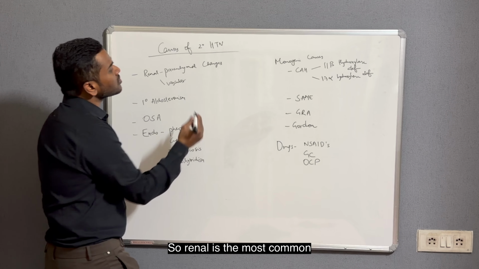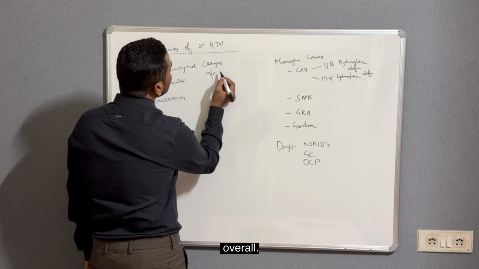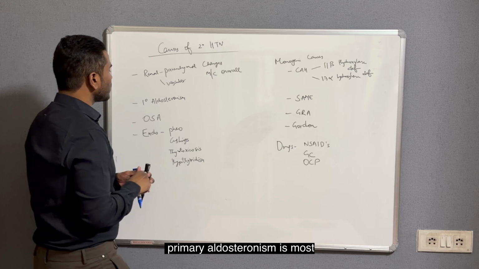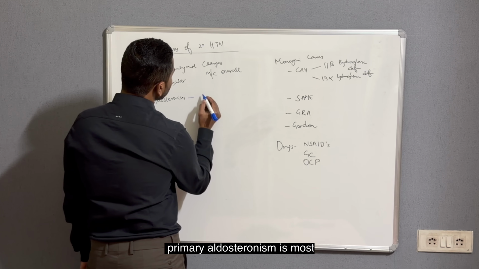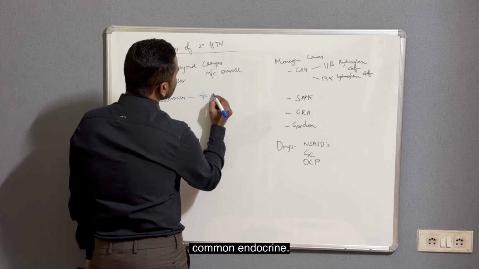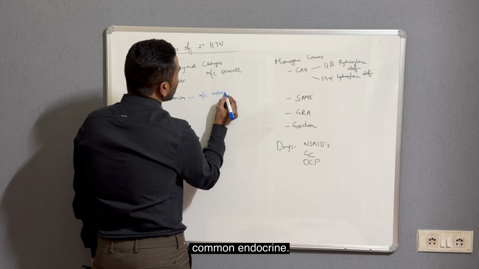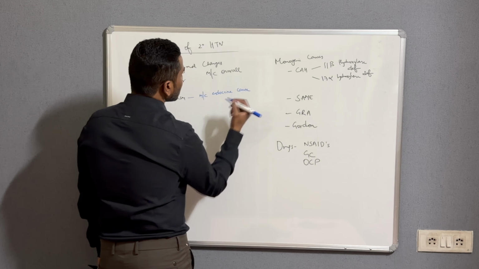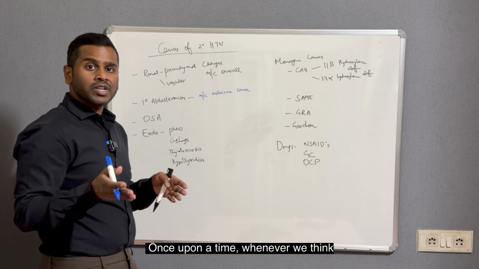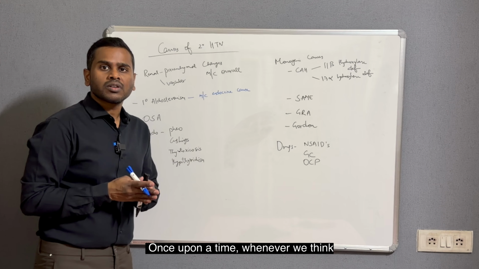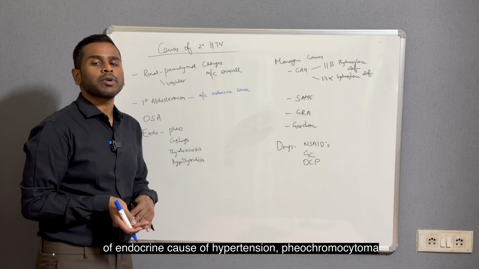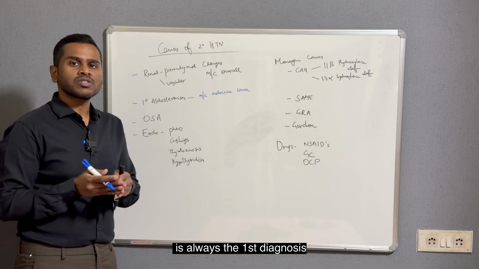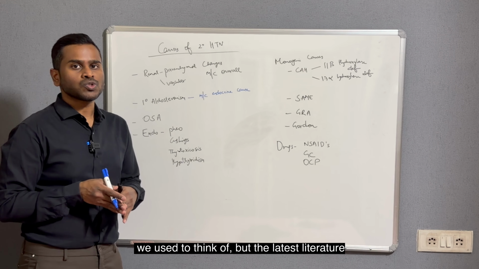So, renal is the most common overall, and primary aldosteronism is the most common endocrine cause. Once upon a time, whenever we thought of an endocrine cause of hypertension, pheochromocytoma was always the first diagnosis we used to think of.